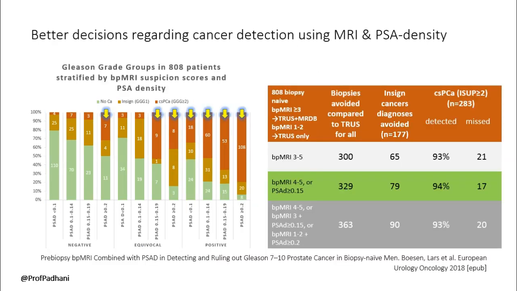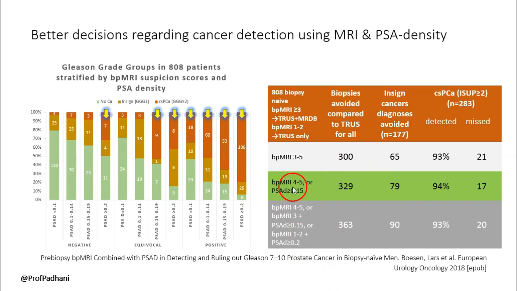Now, if you did that, these are the results you would obtain in 1,000 patients. So, for example, if you only biopsied patients who were 3, 4, and 5, you would avoid 300, 30% of biopsies.